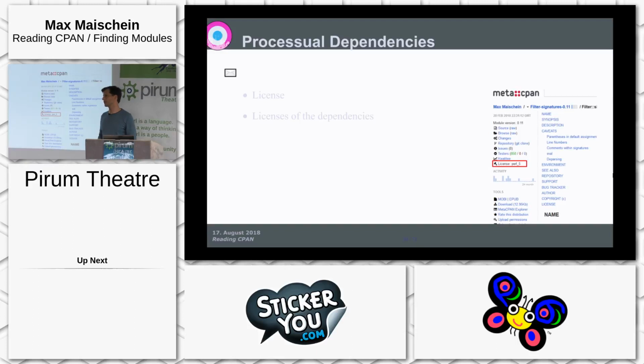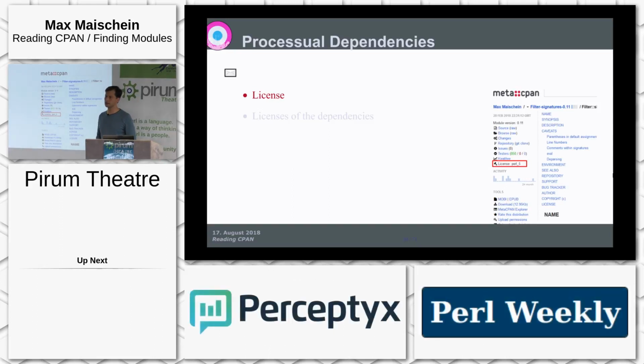Also important and often only addressed afterwards are the processual dependencies of modules and libraries, like the license. Not everybody can use a GPL licensed library, because depending on what their lawyers say, they might have to actually distribute the source code of their application.